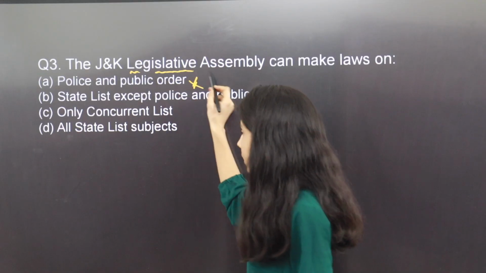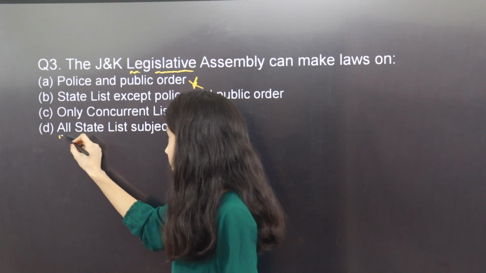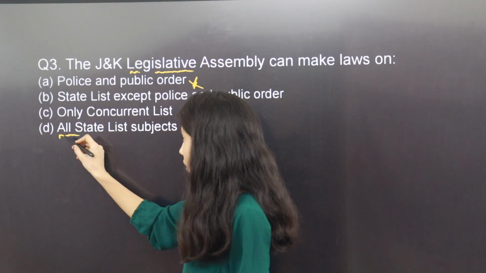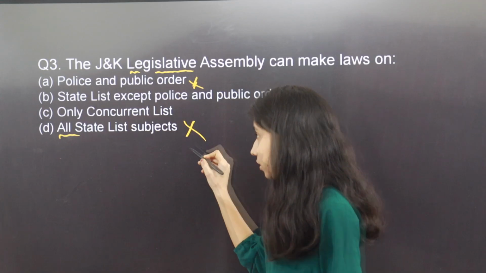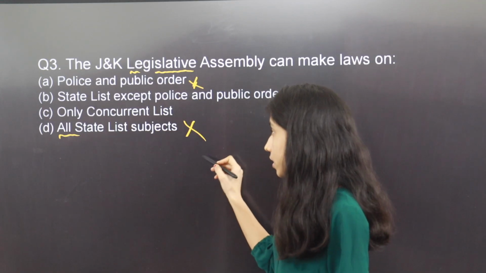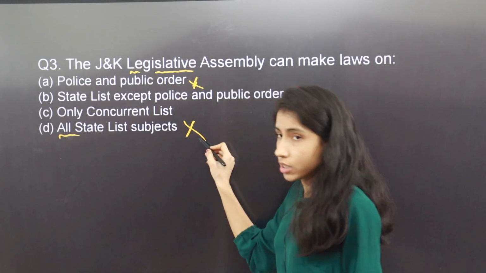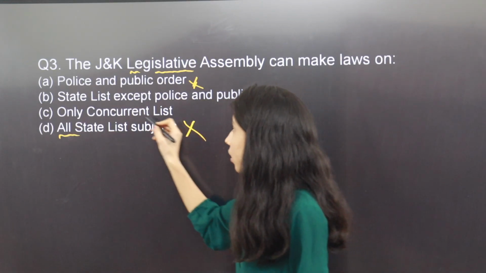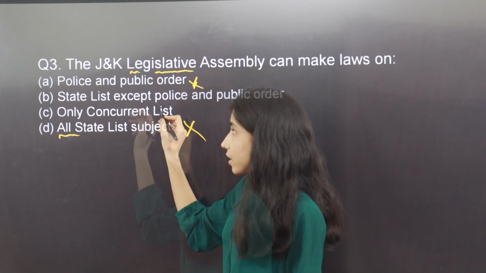The J&K Legislative Assembly can make laws on all state list subjects. This is also incorrect. The J&K Legislative Assembly cannot make laws on all state list subjects. It cannot make laws on police and public order. So now you know the answer.